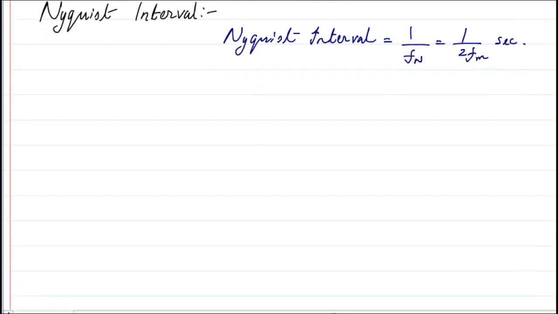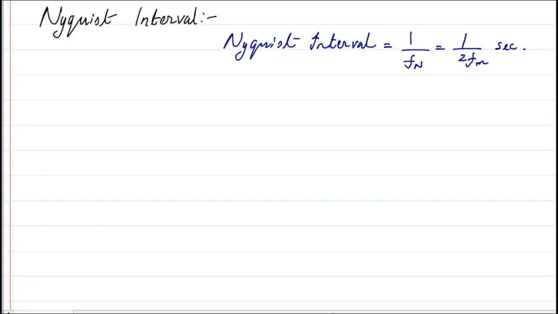Now we also have to mention what the problems are of not following the sampling theorem properly. For that we have to remember that if you are sampling, let me write it as a separate point.